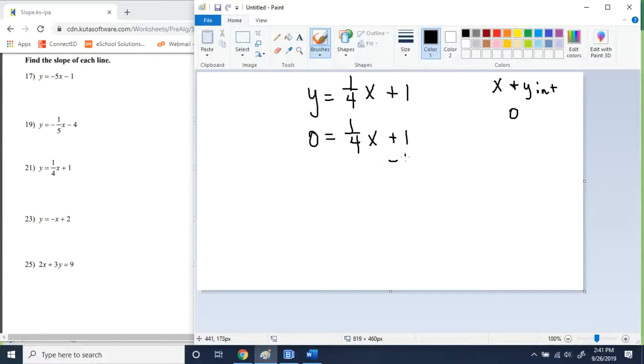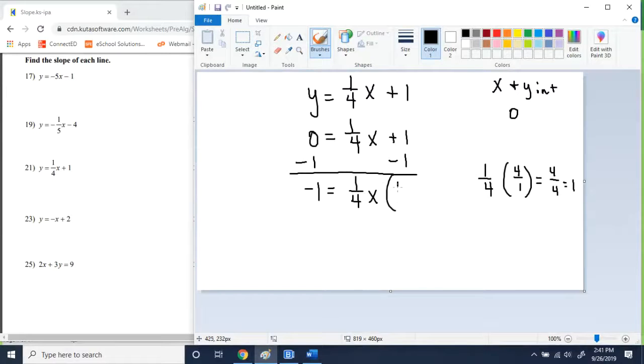Working to get the variable by itself, I'm going to move the 1 to the other side, which is going to make it a negative 1 equals 1 over 4x. I'm still working to get x by itself. So I'm going to do the reciprocal. 4 over 4 is going to give me 1.